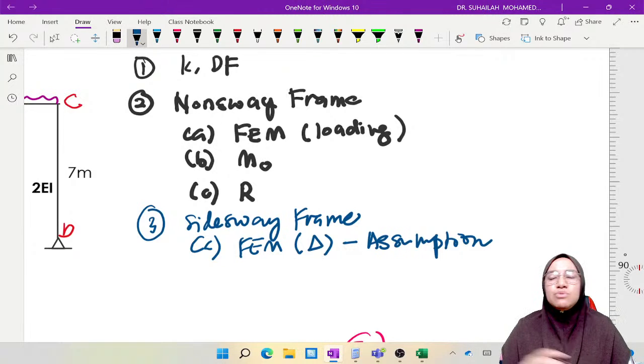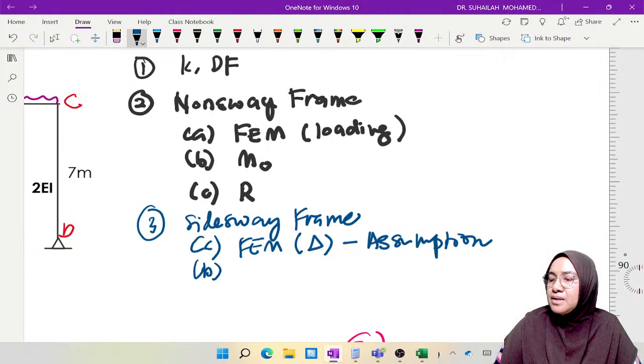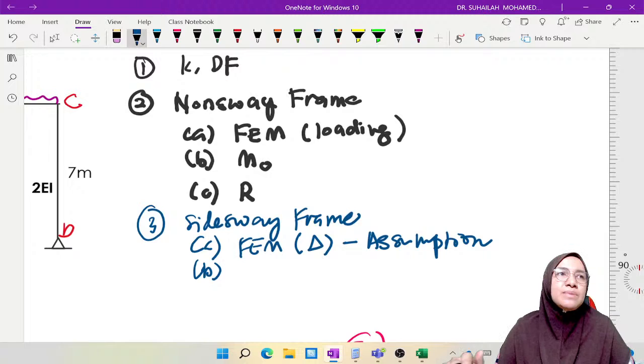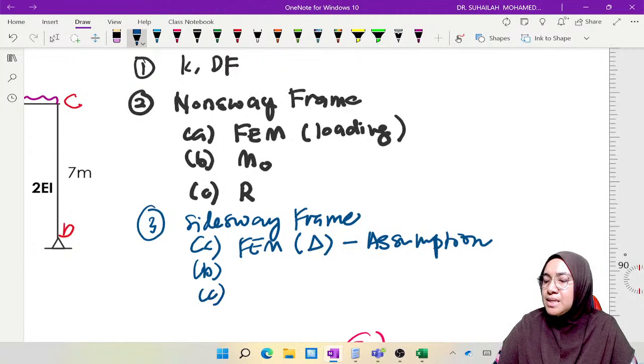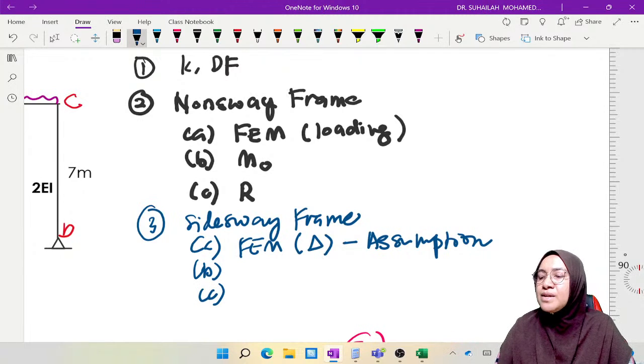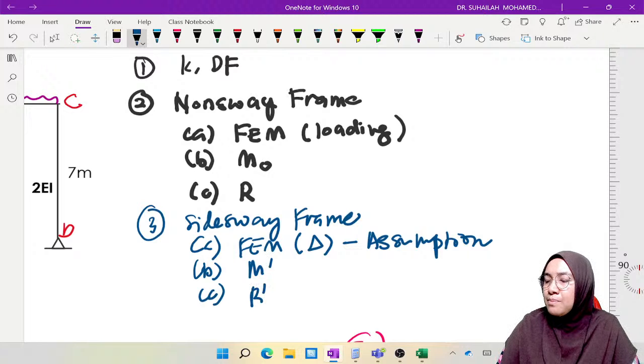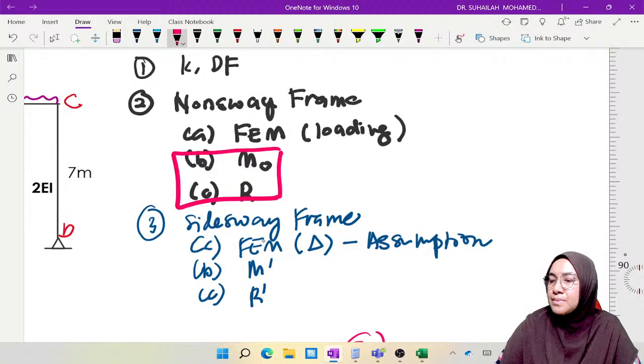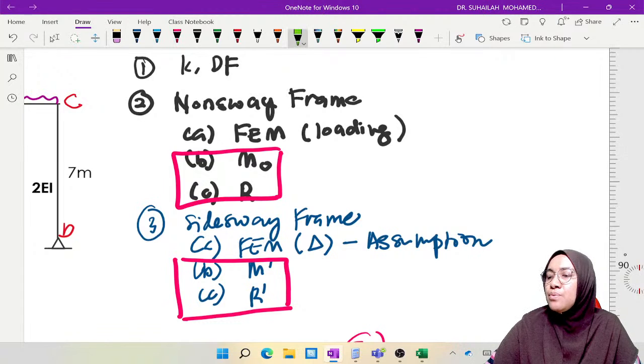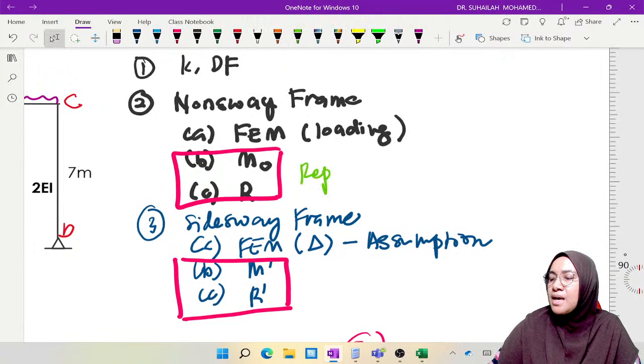Based on assumption. And then after that, B and C, we repeat the same thing. Different is only due to FEM. Of course we will get M prime and R prime, but the process is same. So BC ni dengan BC yang bawah ni, we actually repeat the same process.